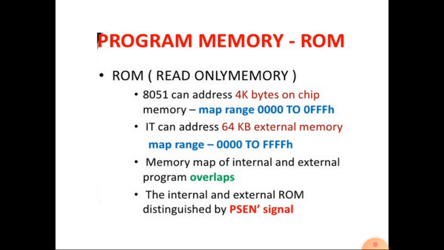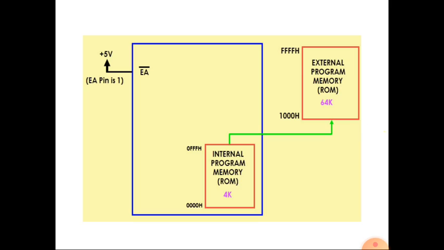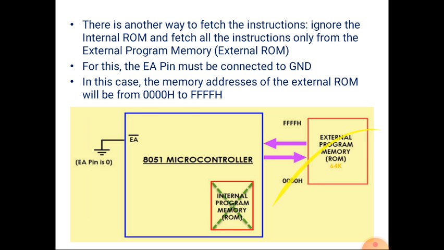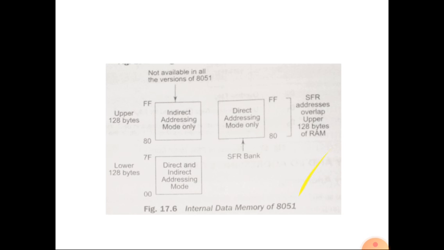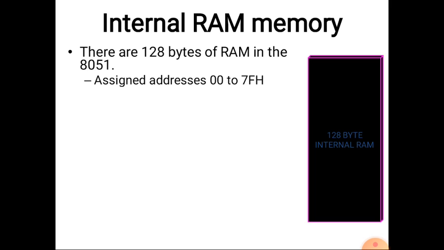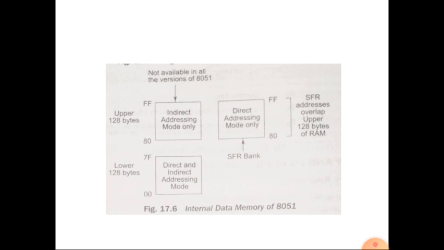Internal data memory of the 8051 consists of two parts. First is the RAM block of 128 bytes.